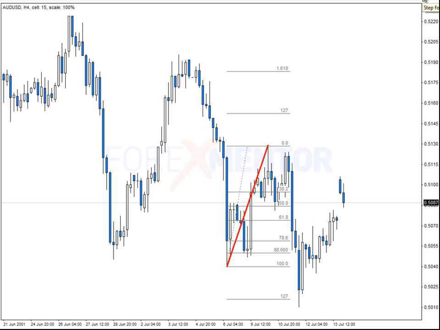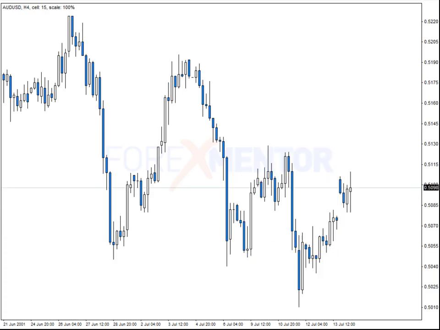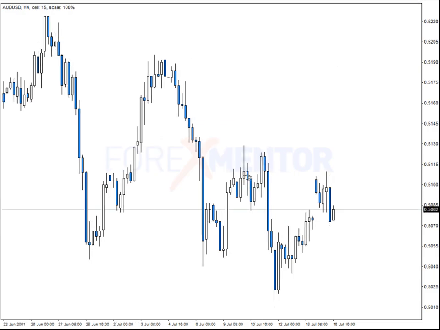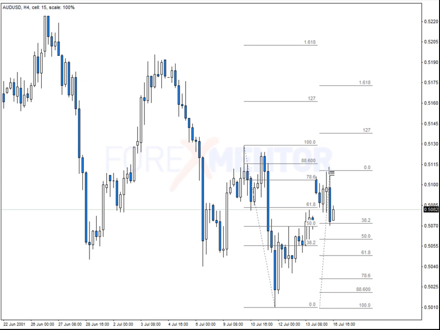Now if we just follow price through, and let's just clear the price chart up. If we now have a look at this swing down, you can see we've rallied 38, 50, 618, 79, and if we also look at this swing up from the low up to the high, you can see we retrace to the 38%.